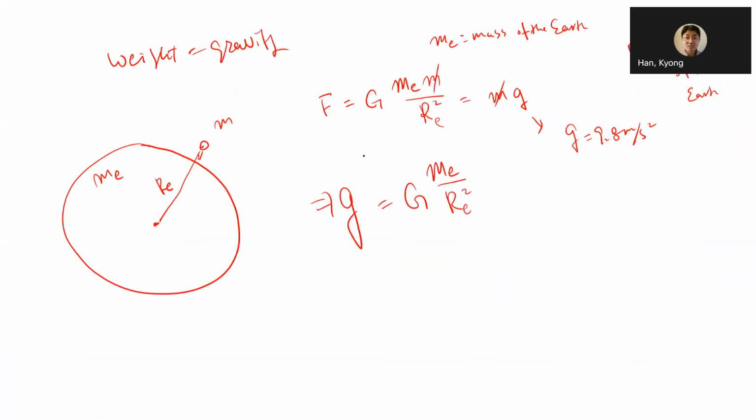Let's check this one. G is 6.67 times 10 to the minus 11. Then what is the mass of the earth?